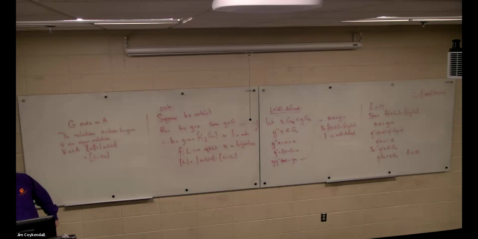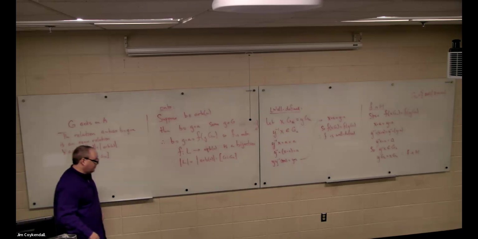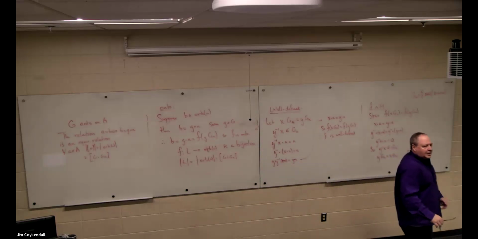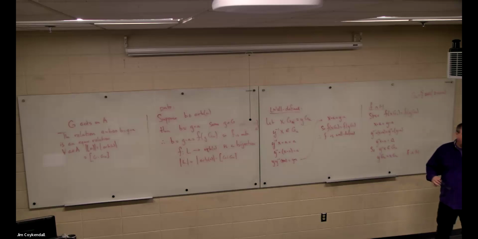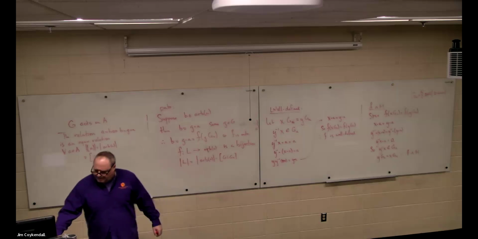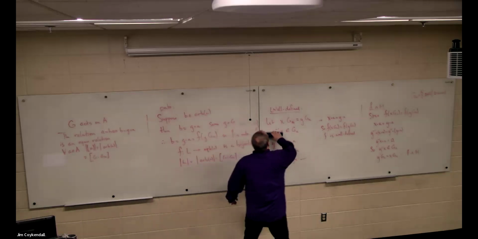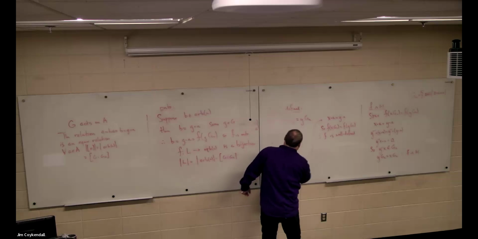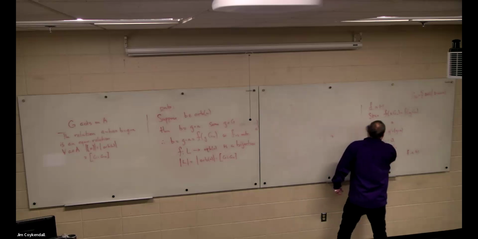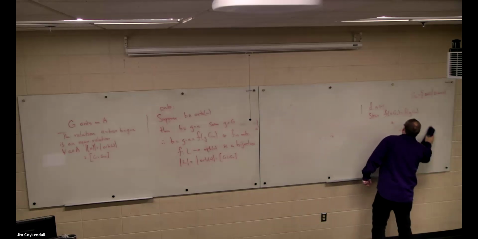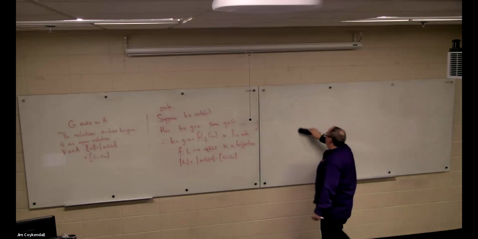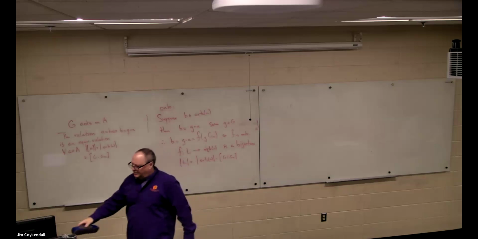Okay, so we've talked about this permutation representation, right? Where it's a homomorphism from G into the permutations of G if it acts on itself. Let me give you a concrete example. Let's just take a simple example.